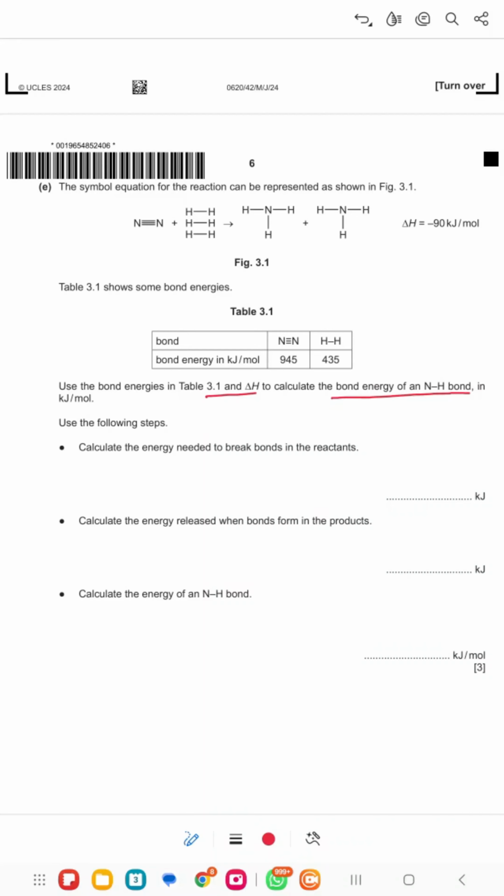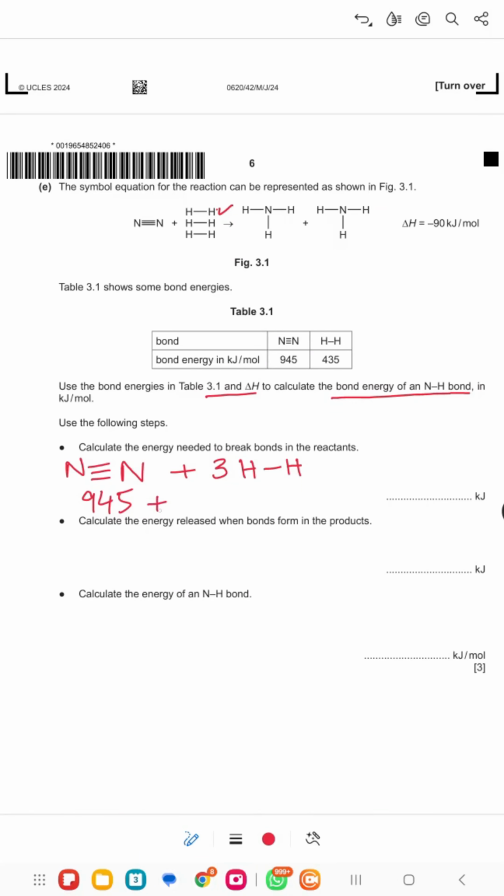So calculate the energy needed to break bonds in the reactants. So we have to calculate the energies. For this, if we are going to calculate the bond energy of N≡N, it is given to us: the bond energy is 945, only 1 mole of it there. So there are 3 moles of H2, plus 3 H–H bonds.